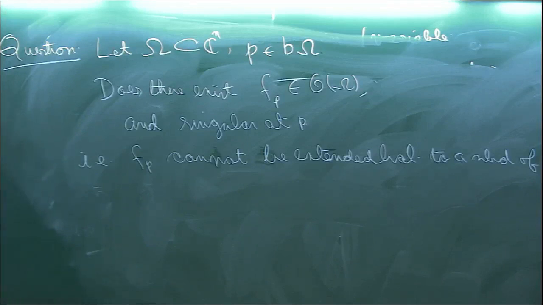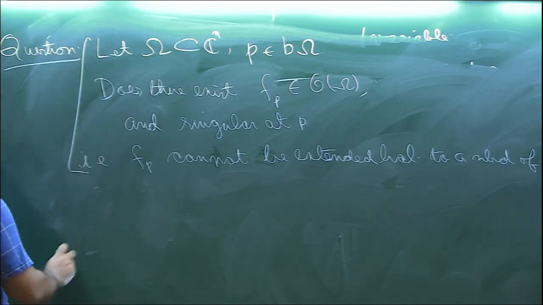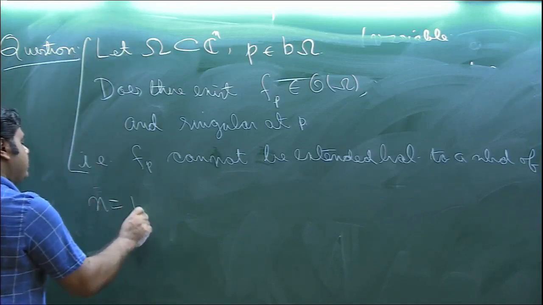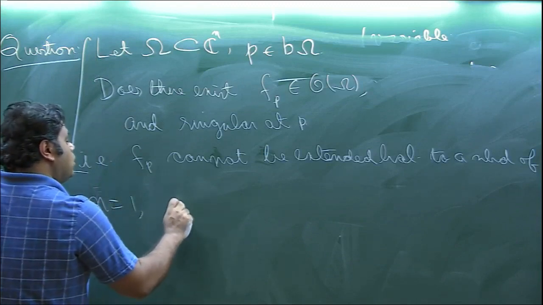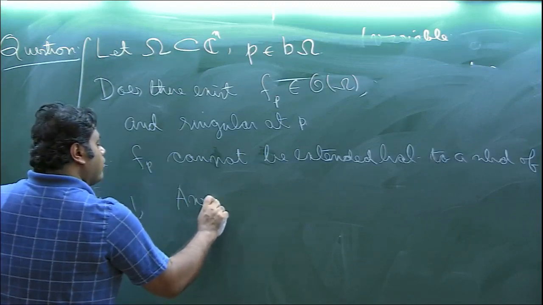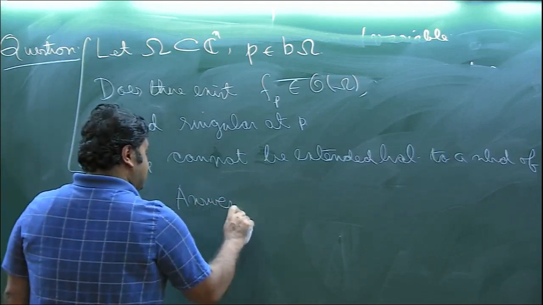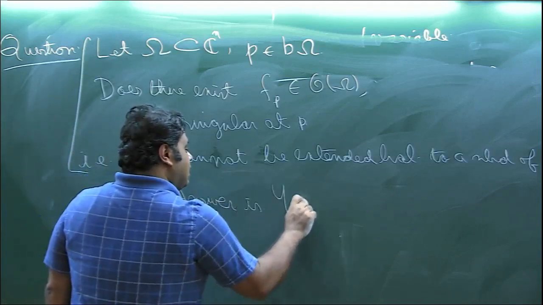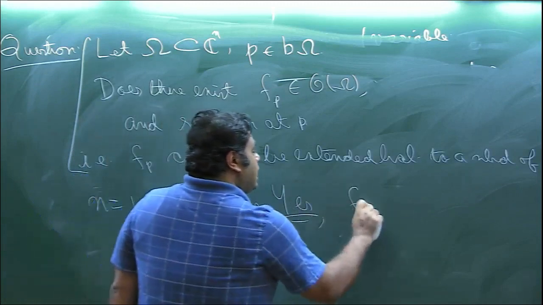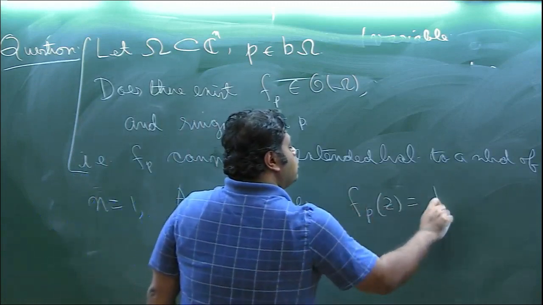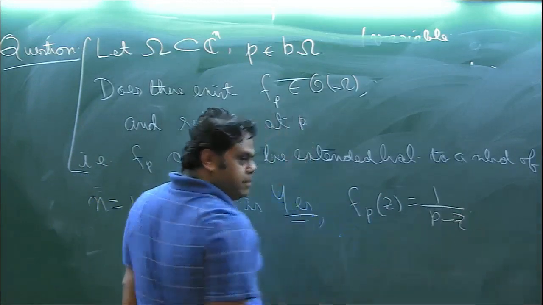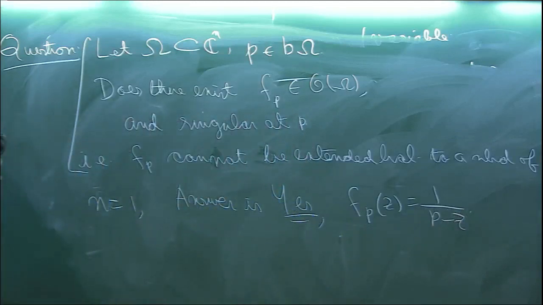So for n equal to 1, the answer is yes. You take fp of z to be 1 over P minus z, for example. That will serve the purpose.